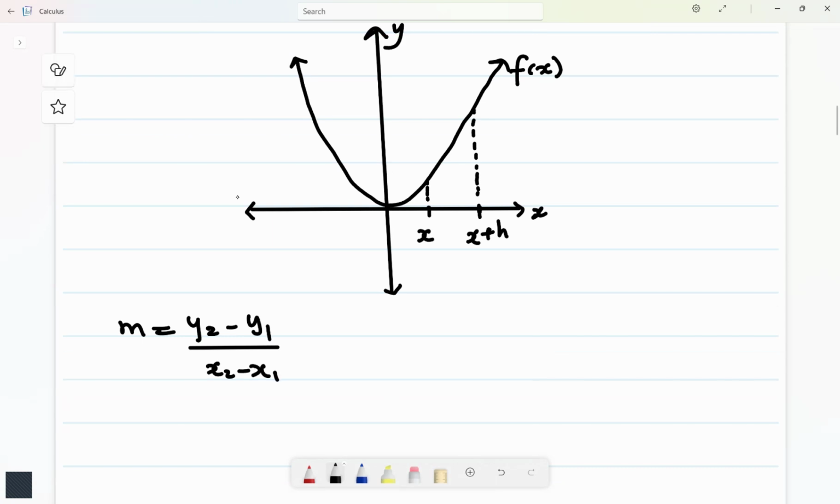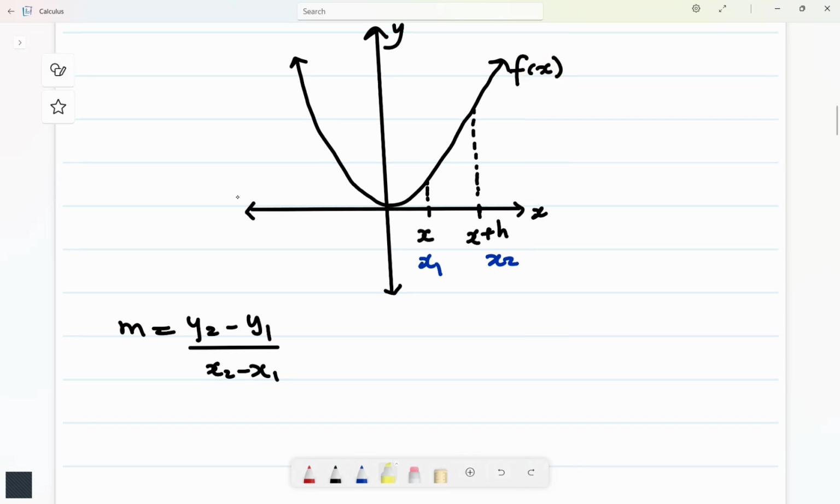So here, this is going to be my x1, my x2. Now, what is the corresponding y value for this one? Again, we do not know it, but remember, y is f of x, it is the same as y, right?